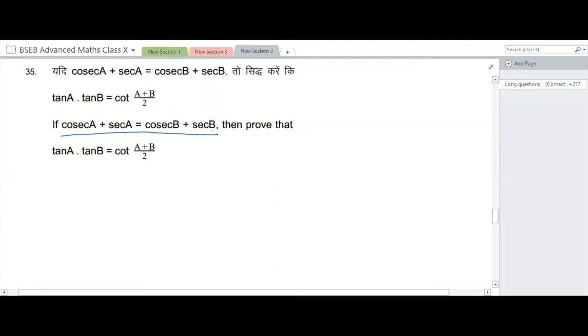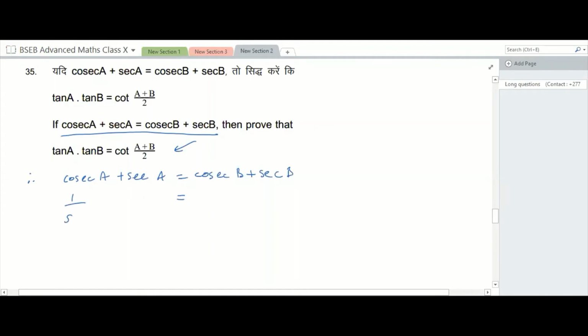So we have to use this to prove this. So therefore, cosec A plus sec A is equal to cosec B plus sec B.